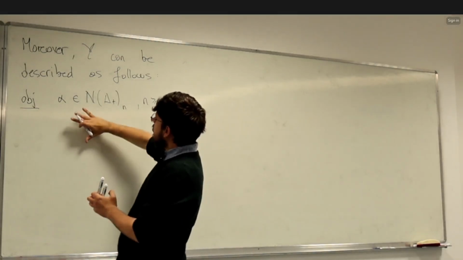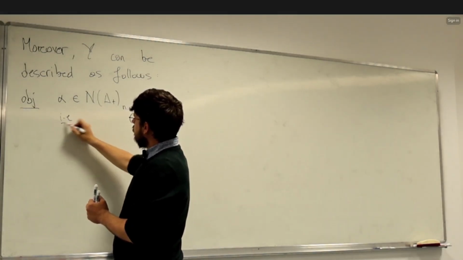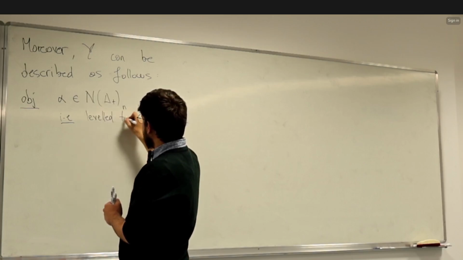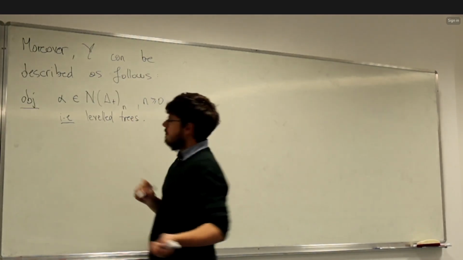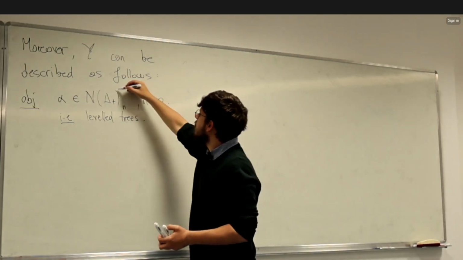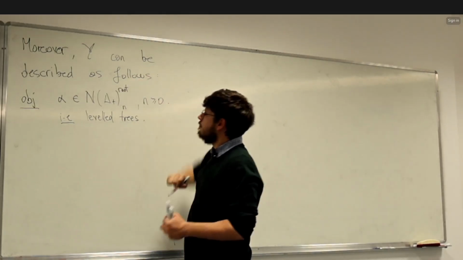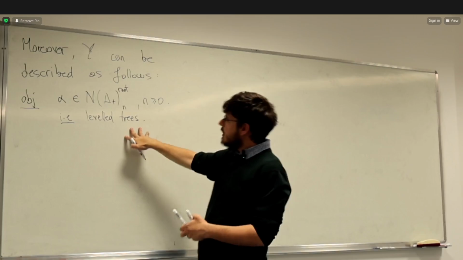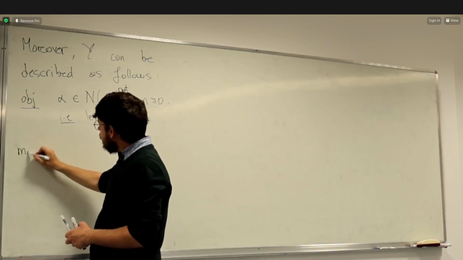These are, heuristically speaking, level trees. Forests, or are they assumed to be rooted? Rooted, yeah, rooted. So objects can be interpreted as level trees and morphisms.